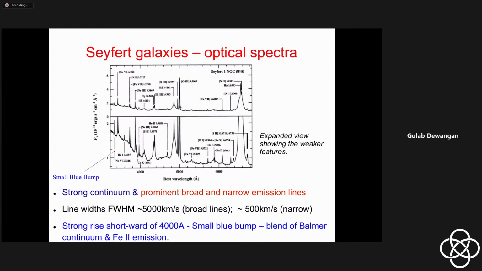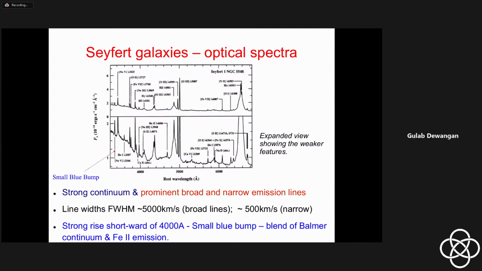These lines are much narrower, and the width of these lines is about 500 kilometers per second, which is about 10 times smaller compared to the widths of the broad emission lines. So these Seyfert galaxies show two sets of emission lines, the broad emission lines and the narrow emission lines.